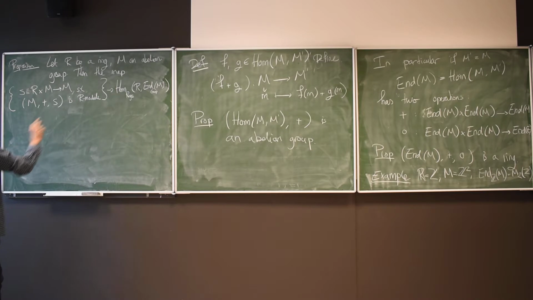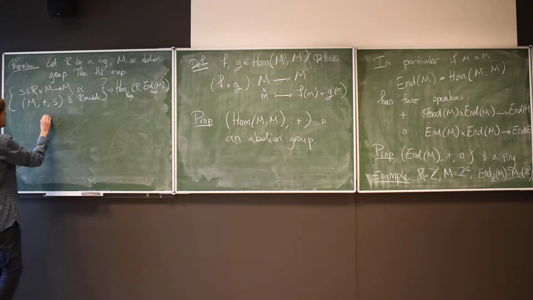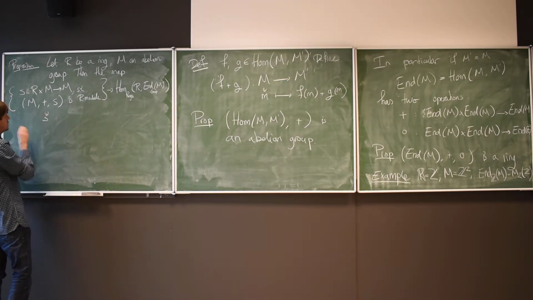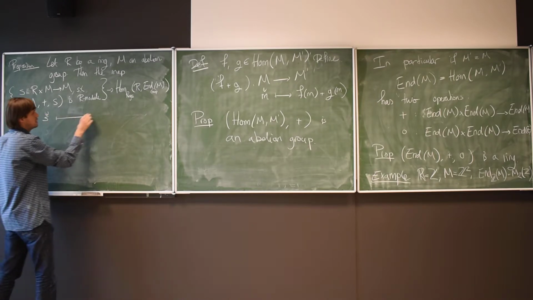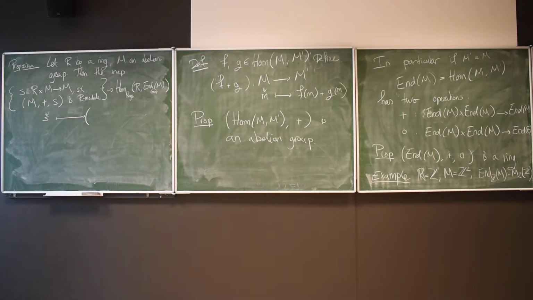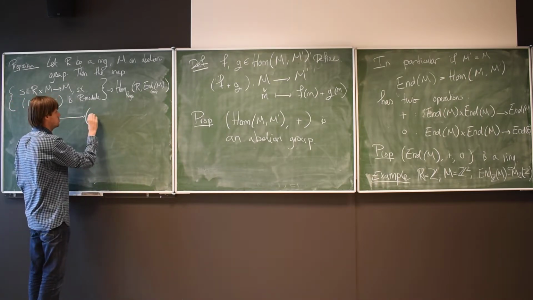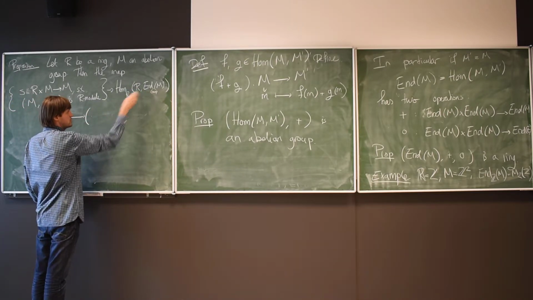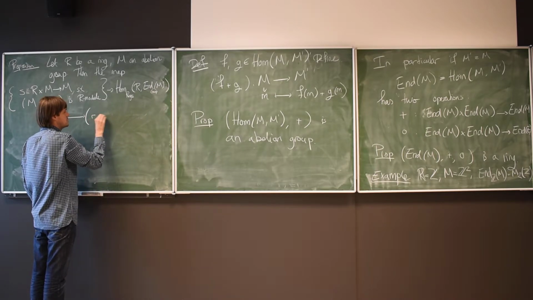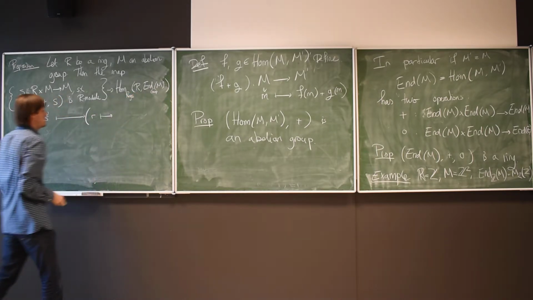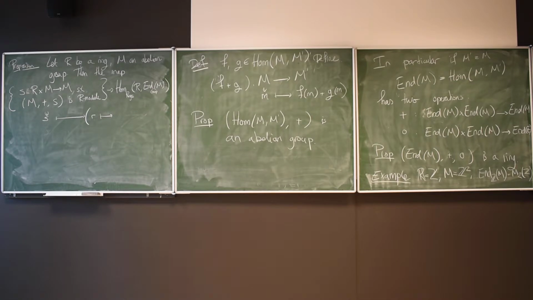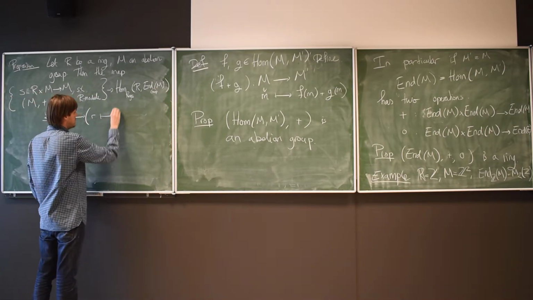So I make the map in the following way, namely if I have such an S in here, I send it to what? Well, I have to make a morphism of rings. So a morphism of rings from R to this is something that will send an element r in there to something. Well, what endomorphism of M shall I make?